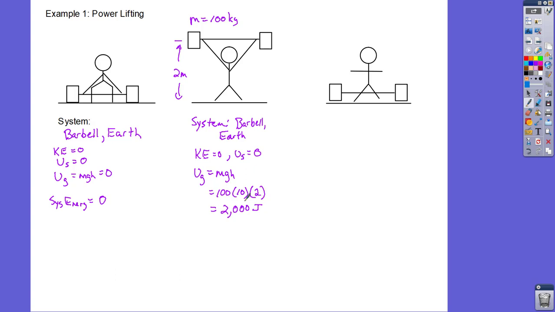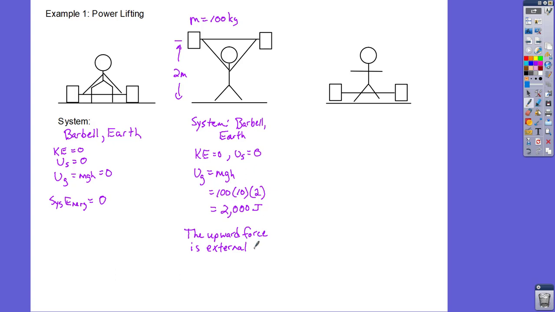Well, a force must have done some work. If you think about it, how did the barbell get up there? The upward force is external. It's being exerted by an object that's outside the system. So the force on the barbell is being exerted by the person who's outside the system.